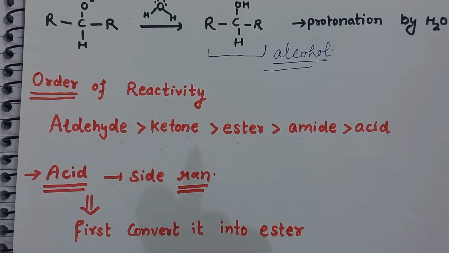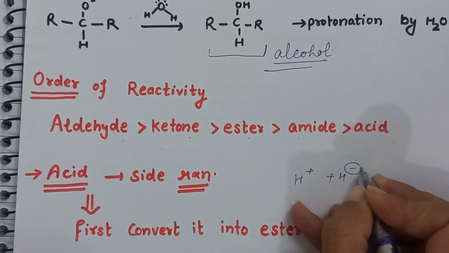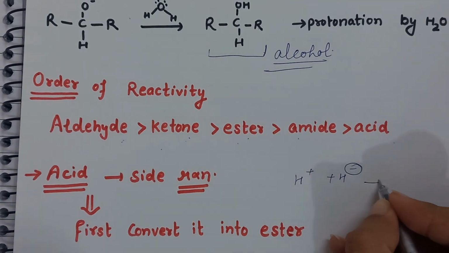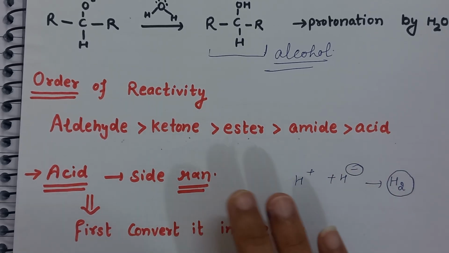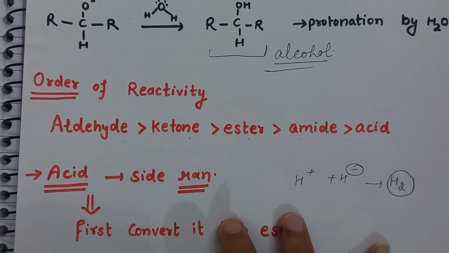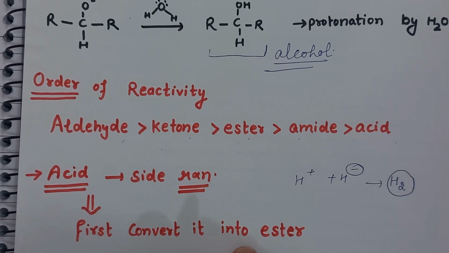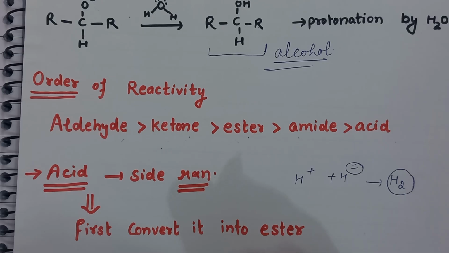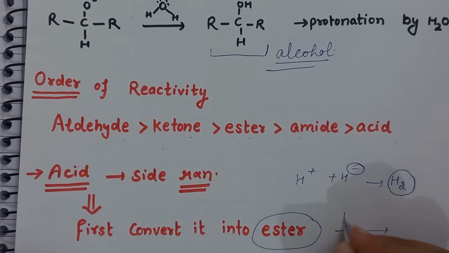This H plus ion can react with the hydride ion from the lithium aluminium hydride, and it leads to the formation of hydrogen gas. So the best method for the reaction of the acid with lithium aluminium hydride is to first convert the acid into the ester and then carry out its reduction with lithium aluminium hydride.